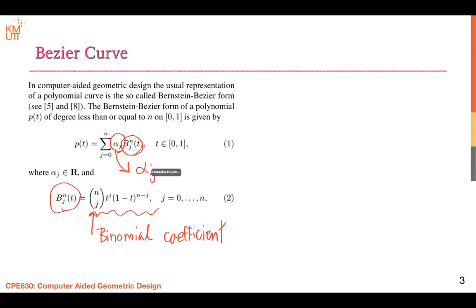Alpha j is actually a Bezier control point. We type it like this as an alpha, which represents the convex combination of the Bezier curve.